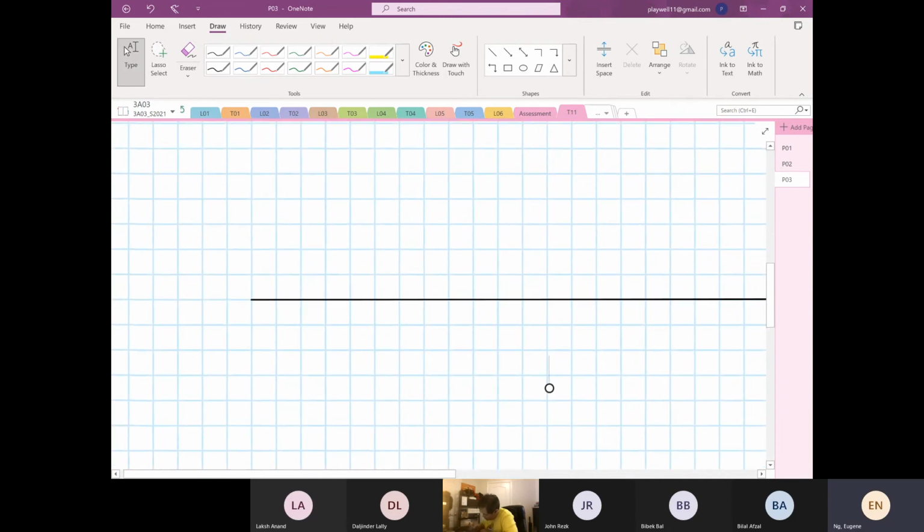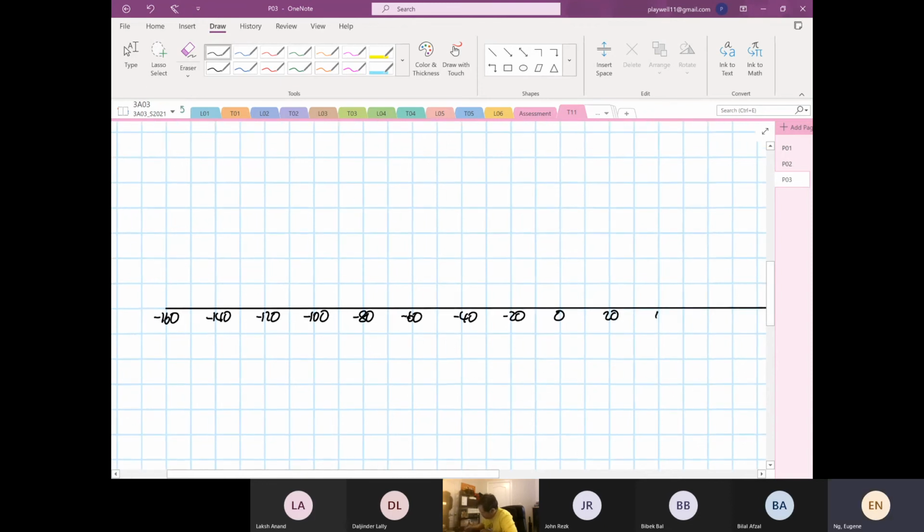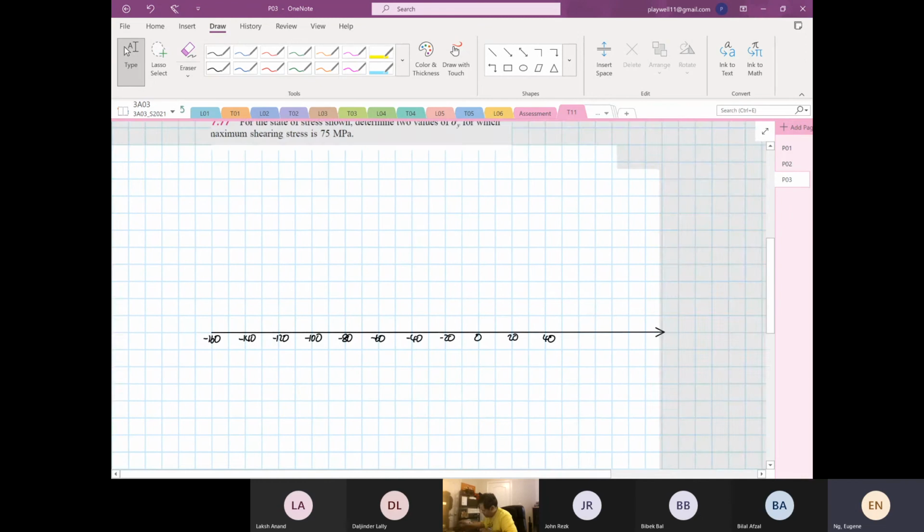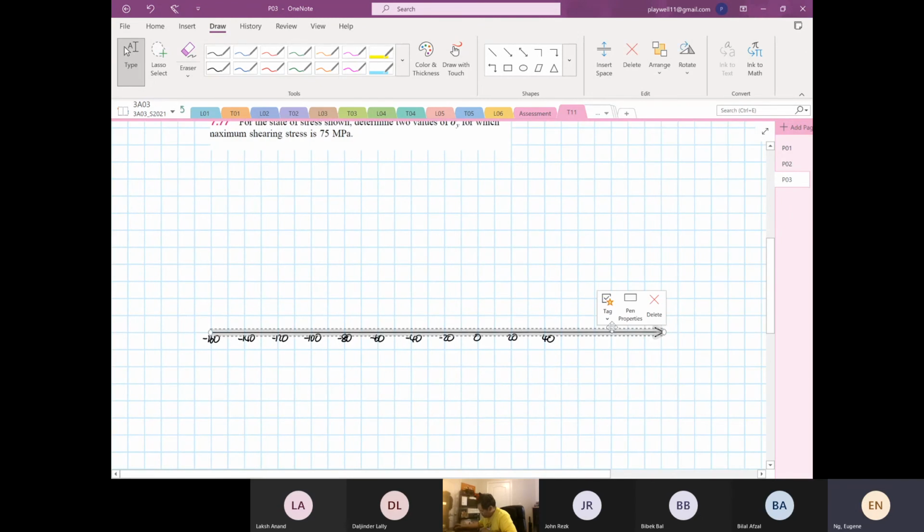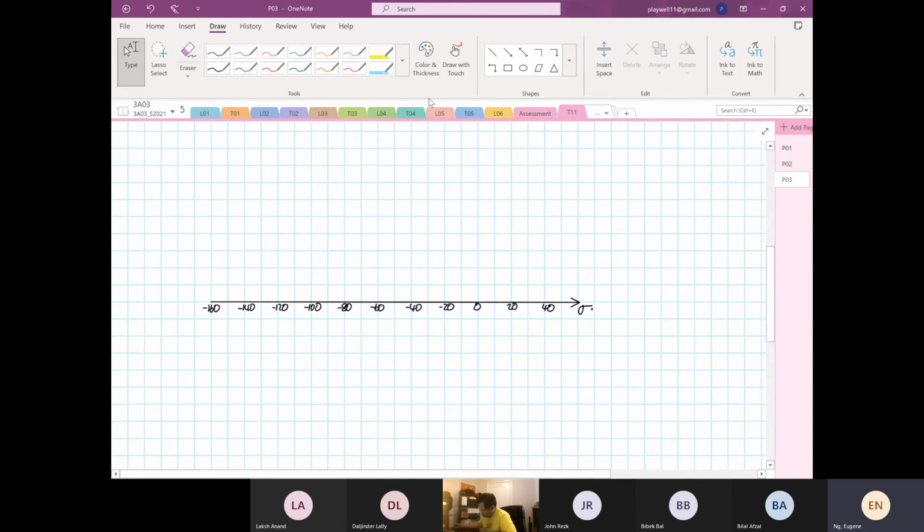So I'm going to start with minus. I write a bit of tensile. Okay, so this is our normal stress, and then we have our shearing stress.